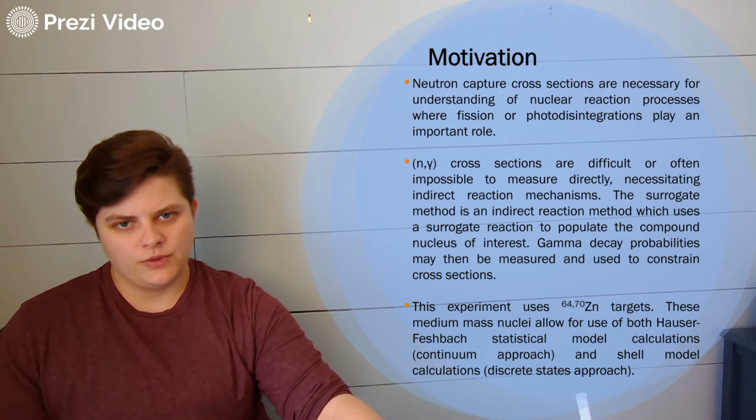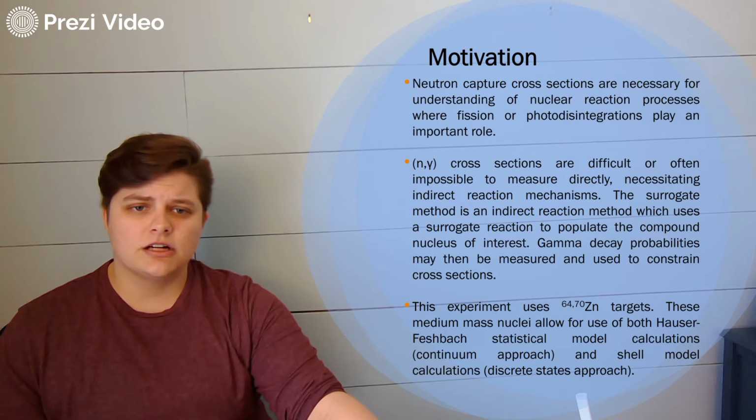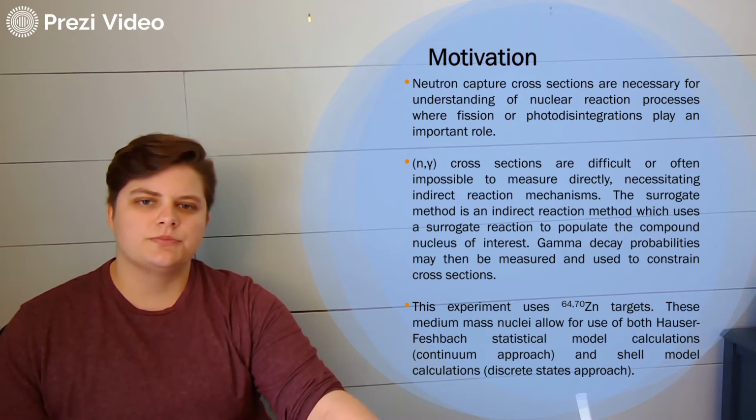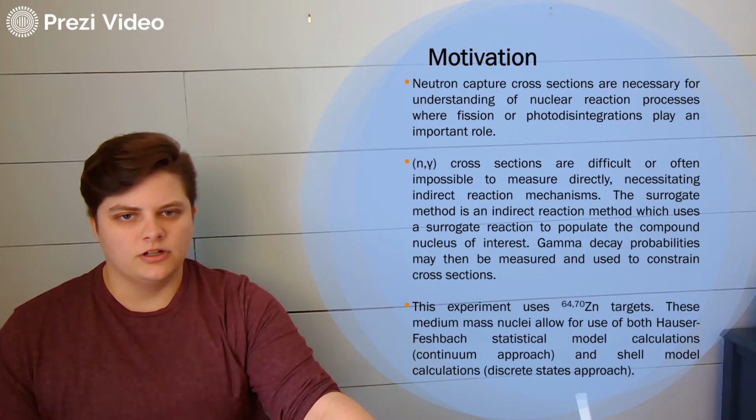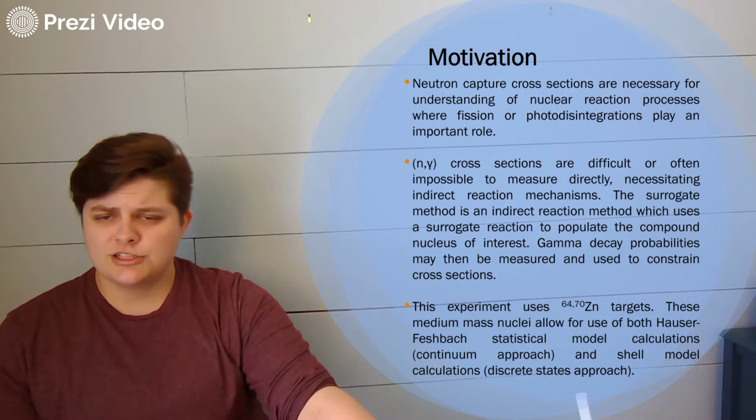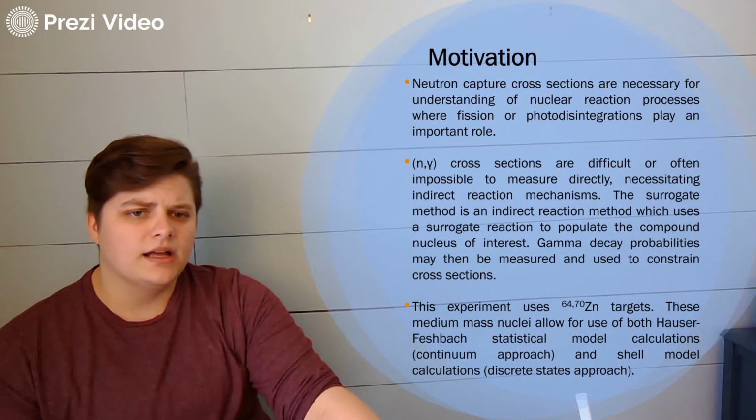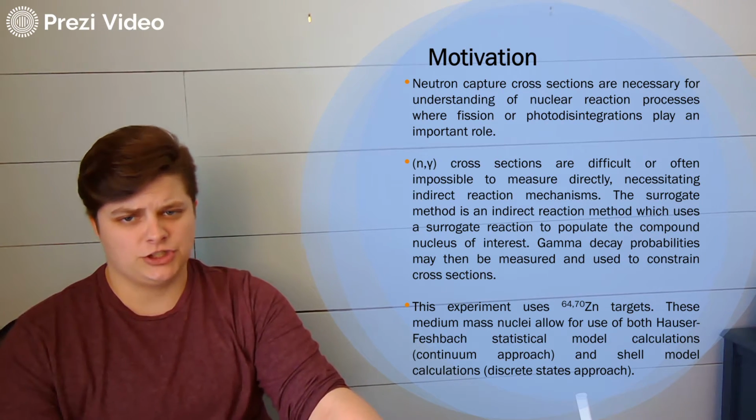So for this experiment, we have chosen 64 and 70 zinc targets, and these medium mass isotopes will allow us to approach our calculations both from the Hauser-Feshbach statistical continuum as well as from the discrete states shell model approach.